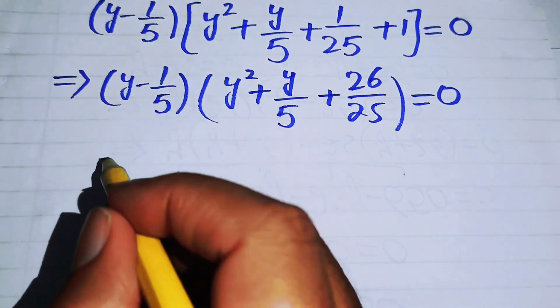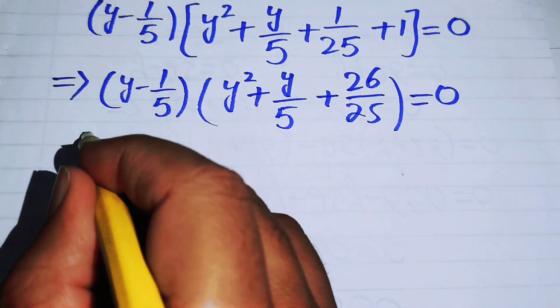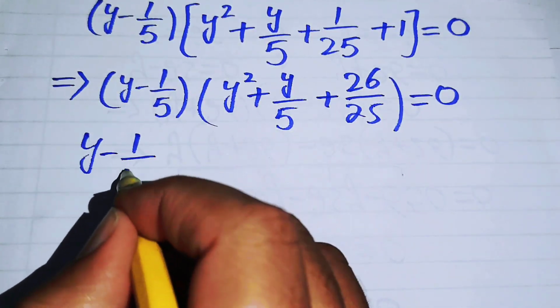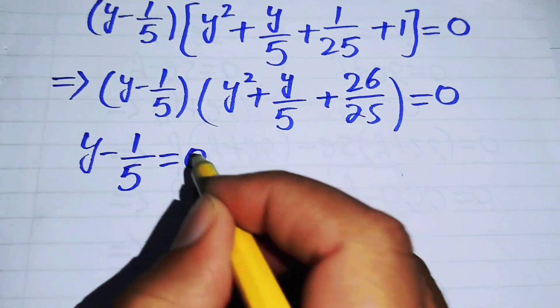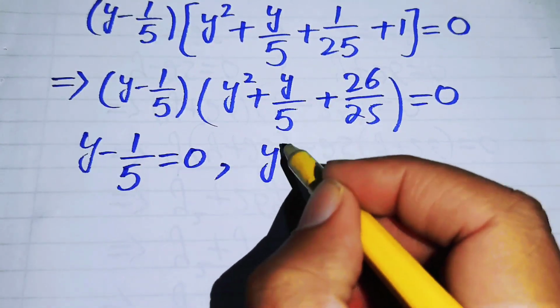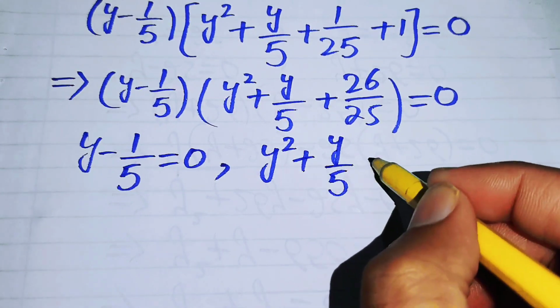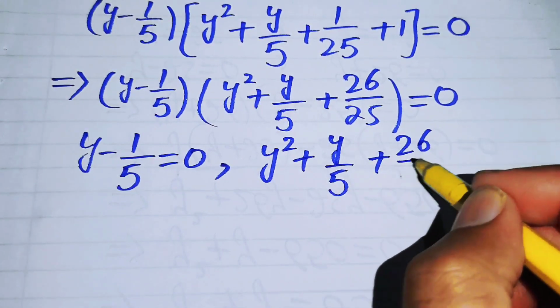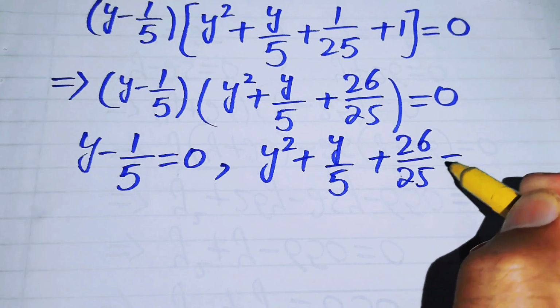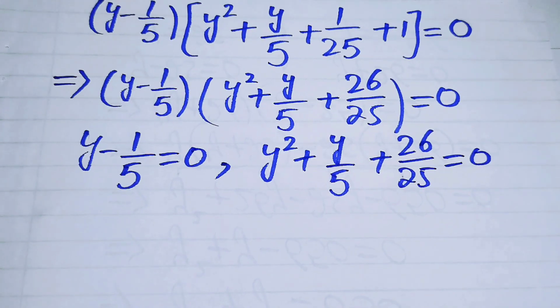So in the next step we have two cases. The first case is we take y minus 1 over 5 equals 0, and the other case is we take y squared plus y over 5 plus 26 over 25 equals 0.